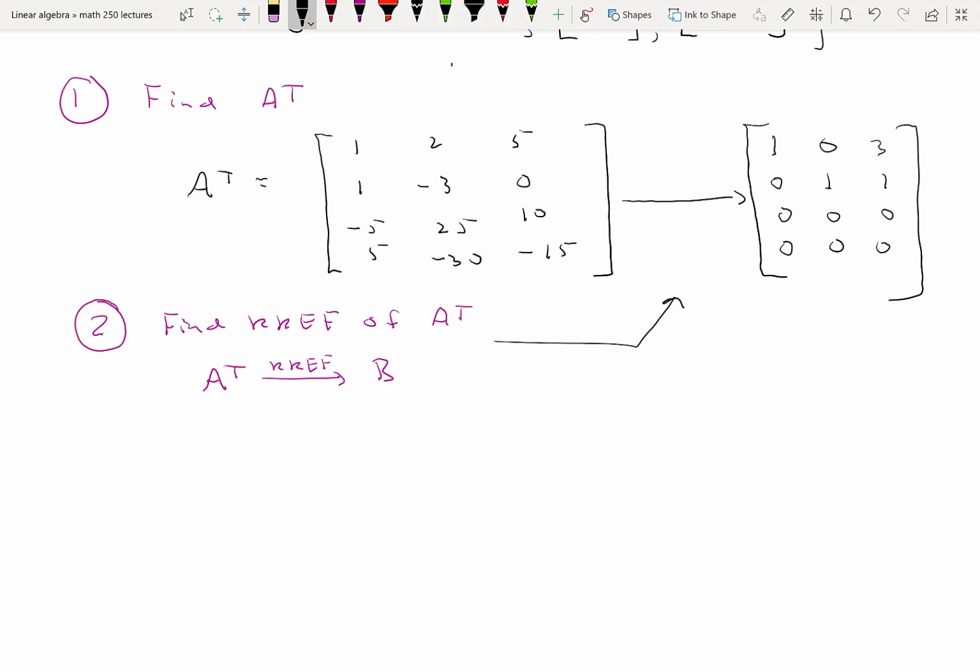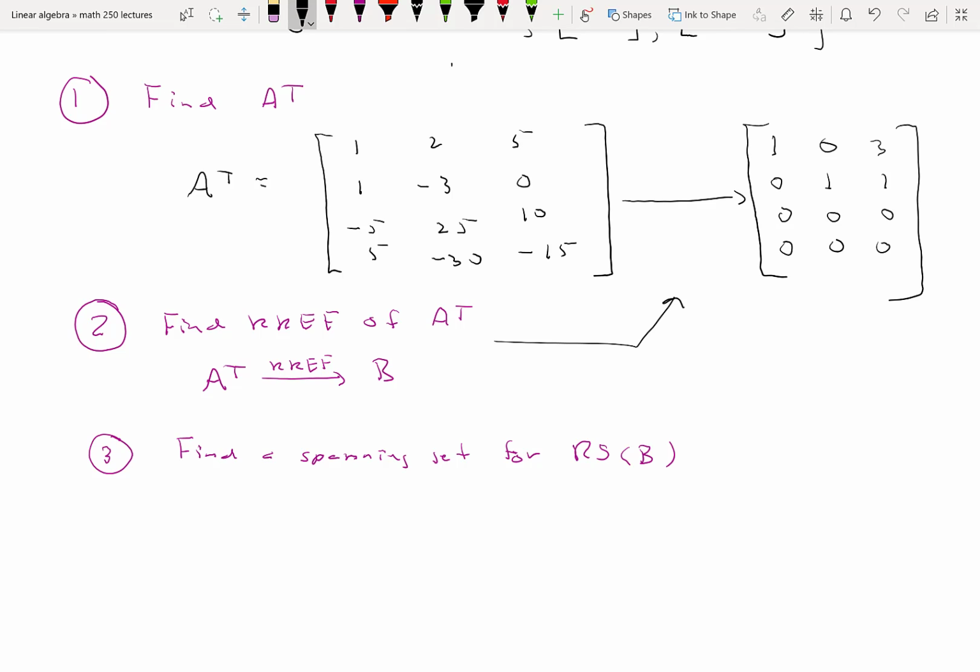So the next step, corresponding exactly to the procedure for row space, is to find a spanning set for the row space of the matrix B that we found.